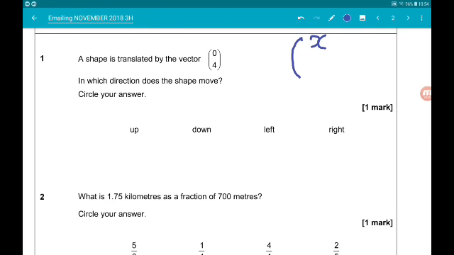Negative, left. 0, we don't move left or right. Bottom number is the y vector. If that's positive, we move up. Negative, down. 0, nowhere. So (0, 4) moves us 4 places up.